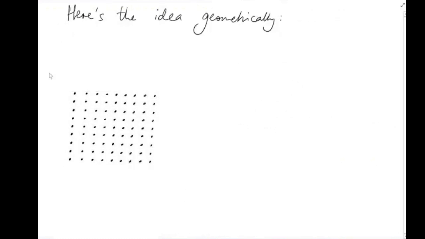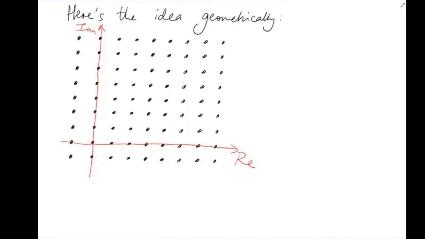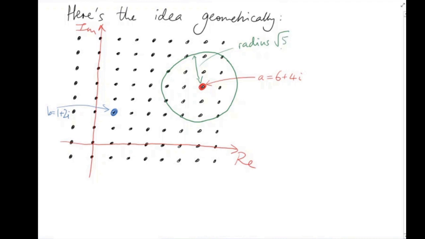Here's the geometric idea behind why it works. Let's try dividing a, which is 6 plus 4i, by b, which is 1 plus 2i. What that means is, by travelling from the origin along multiples of b, I want to land on or close to a. Okay, b has norm 5, so I want to end up somewhere inside this circle here. Let's try b minus ib plus b minus ib plus b.